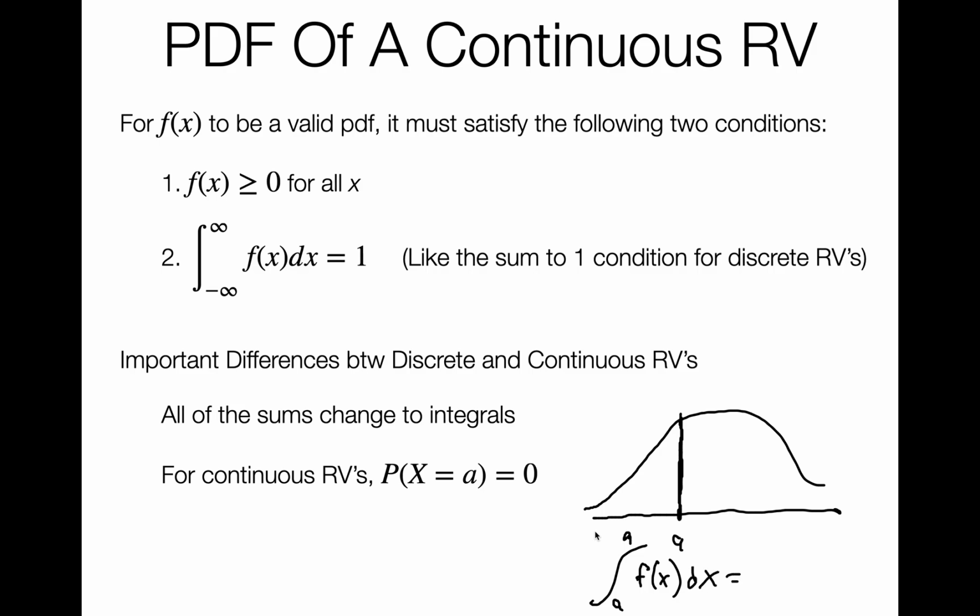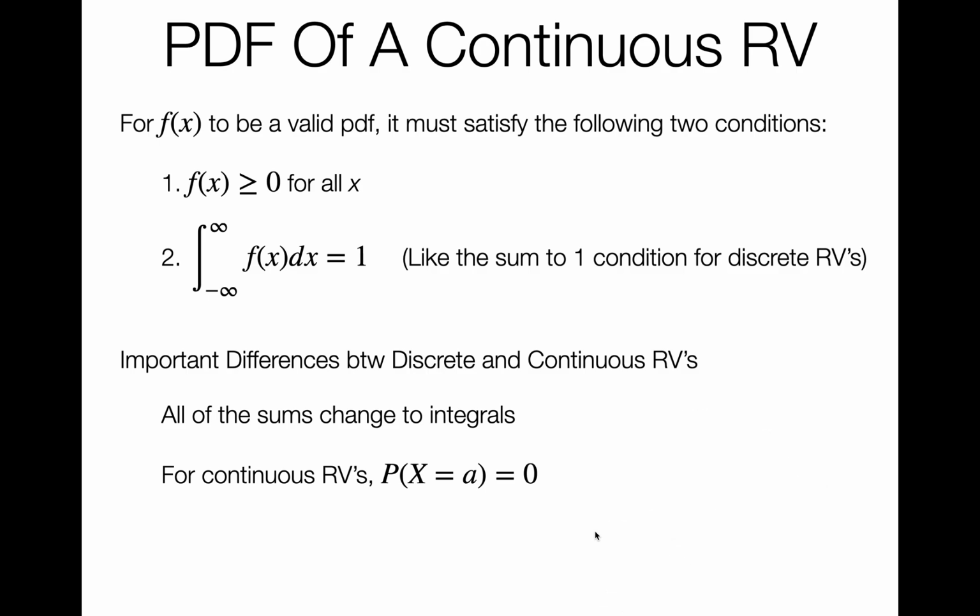The integral from one point to the same point, from A to A, whatever A is, that integral is 0. And so there's no probability at a point. Okay, so I've probably belabored that point longer than it needs to, but that is an important distinction that we need to make between discrete and continuous.